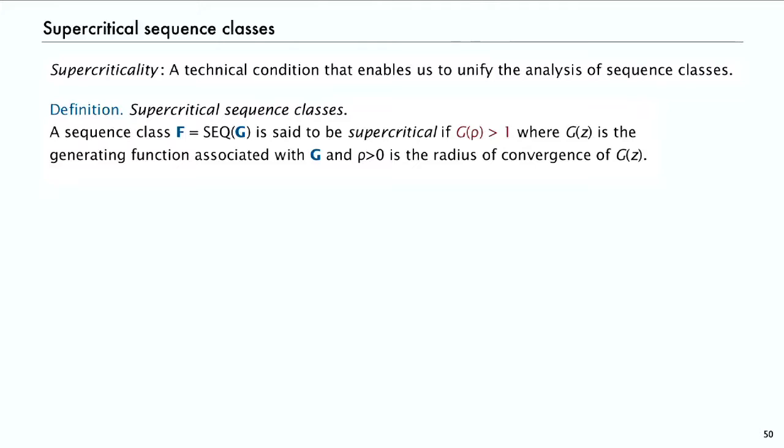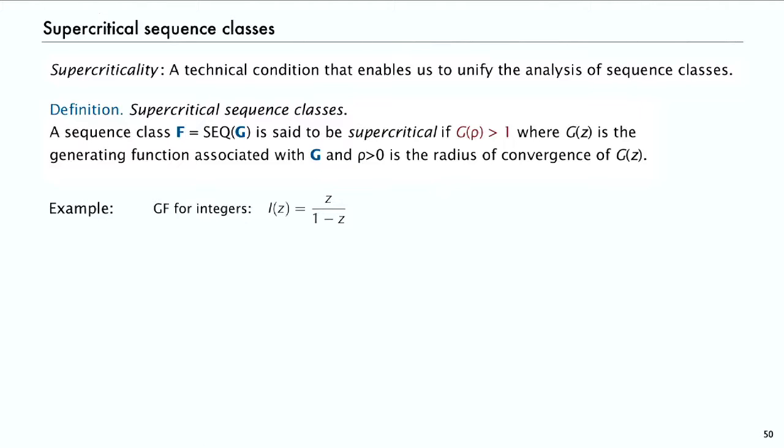And if you evaluate the function at its radius of convergence and it's bigger than 1, then we're going to say that the sequence class is supercritical. And that's the condition that we need in order to be able to unify the analysis.